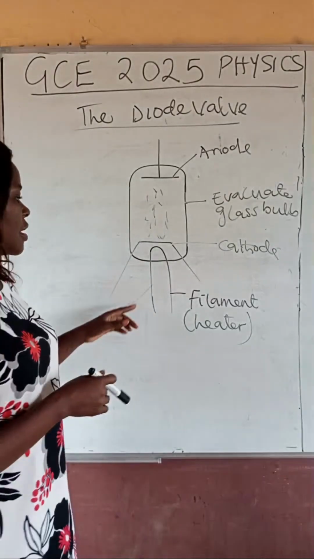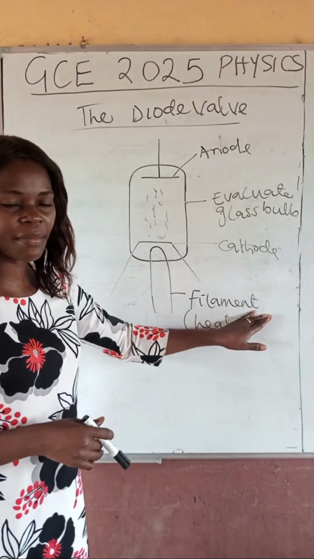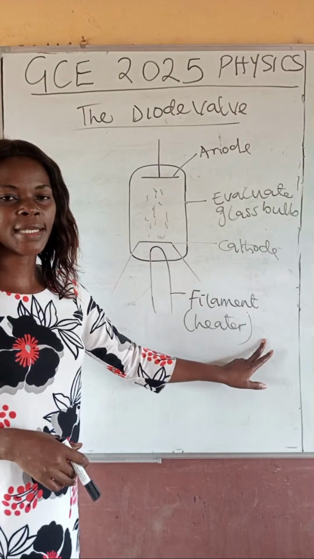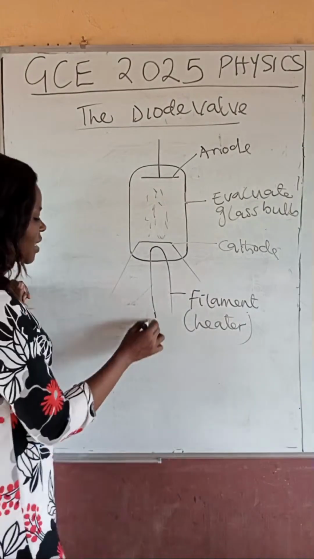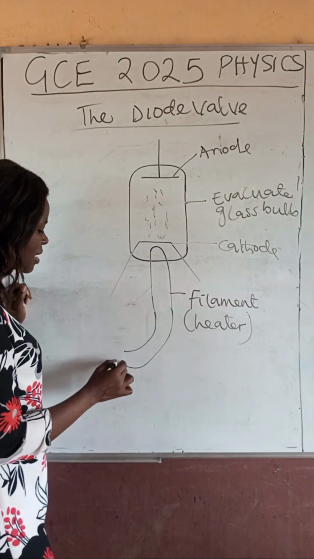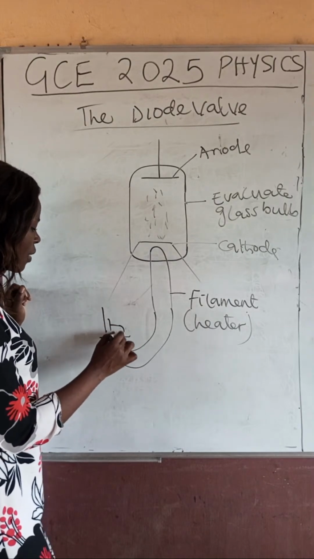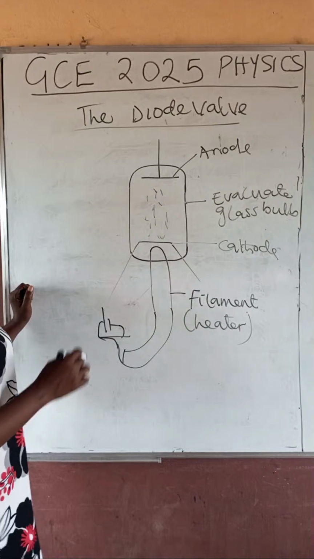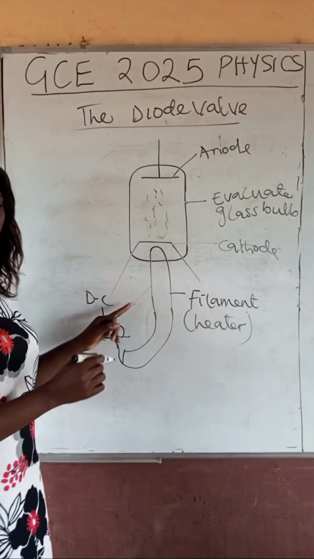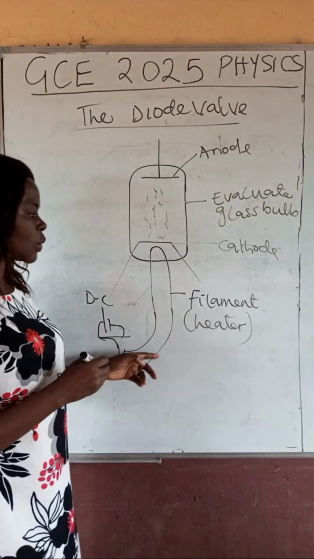Now, this is the filament, which is also the same thing as the heater. Once it is connected to a DC source that has positive and what? Negative, right? Direct current, and the current flows.